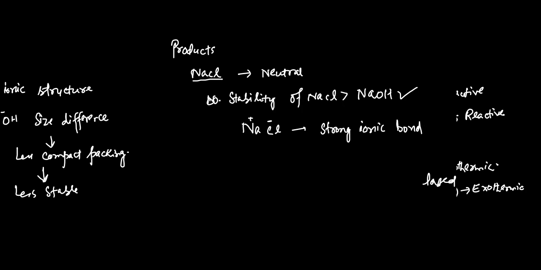So the strong ionic bond is because of many factors. The first thing is that the size of sodium and chloride ion is almost similar. It's very close. So these ions have very close size.